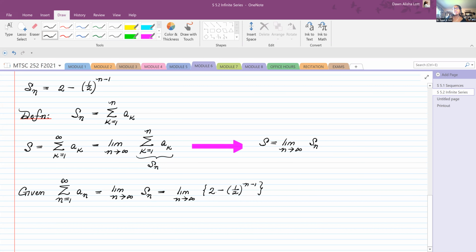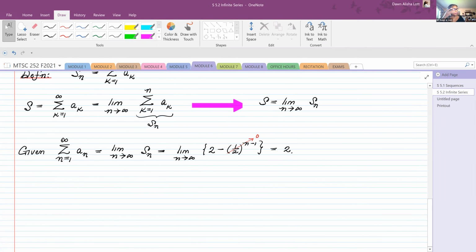And as I keep taking powers of 1/2, this goes to 0. So therefore the sum of that whole series is 2. So this is the problem. So this is what we're working with.